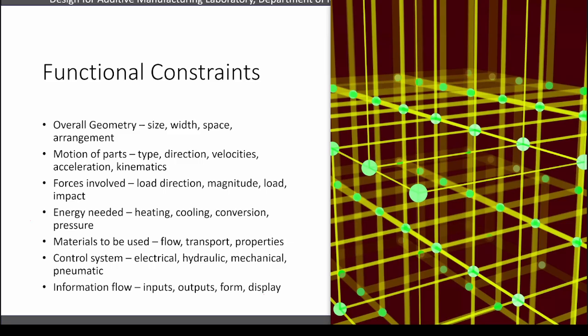Control systems can also be integrated into the part, and overall size and space are optimized, geometrically and topologically optimized, generatively designed. The functional constraints are there.